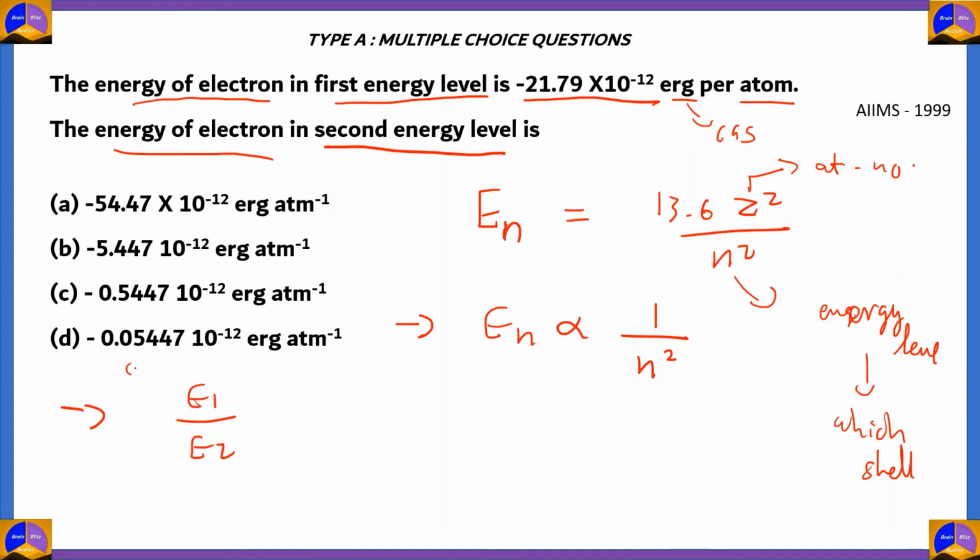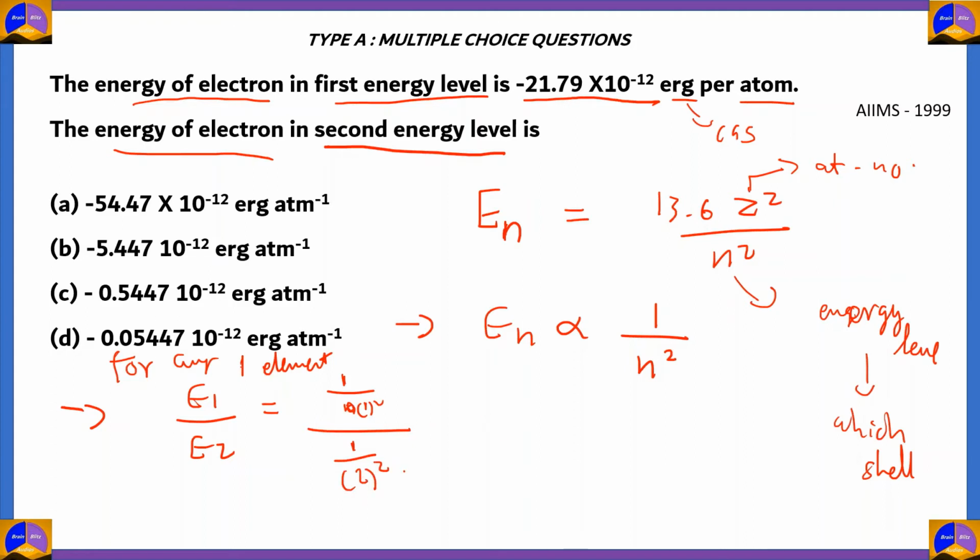for any one element, we can write the energy of the electron in its first shell divided by the energy of the electron in its second shell as 1 by the first shell whole square divided by 1 by the second shell whole square.